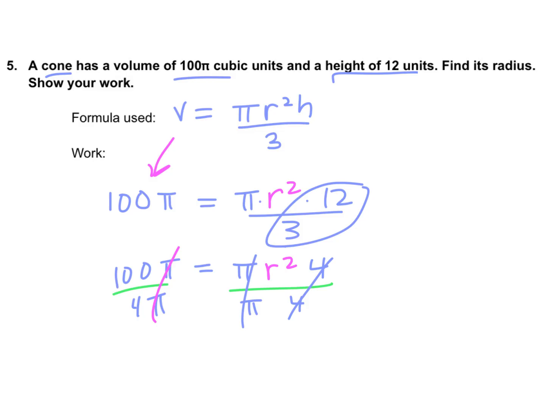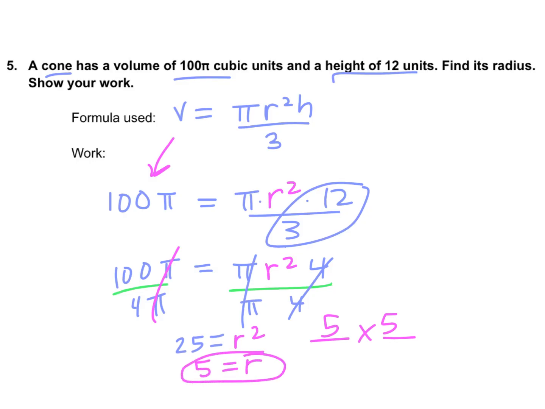And 100 divided by 4 is 25, and that's for radius squared. So that's something times something is 25, and it has to be the same number, or I could take the square root of 25. So I do know that 5 times 5 is 25, so therefore our radius is just 5.